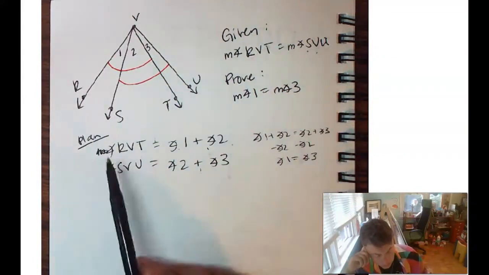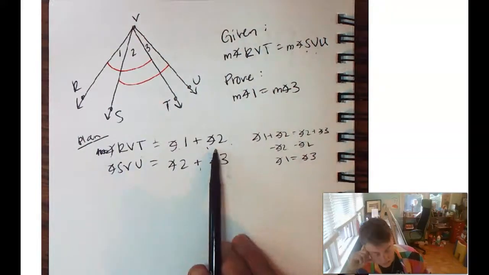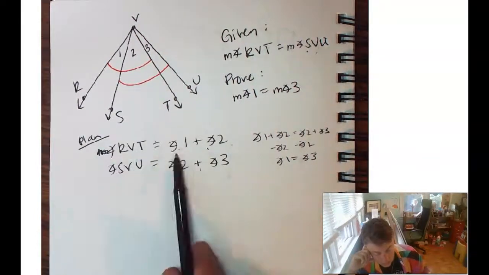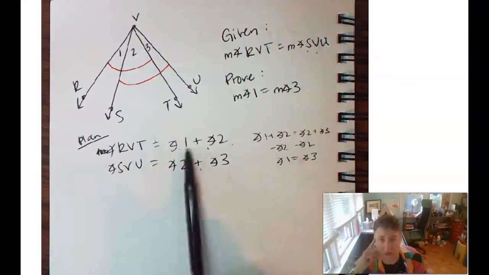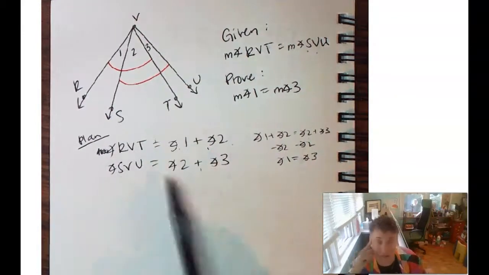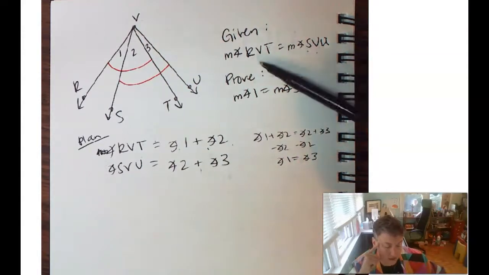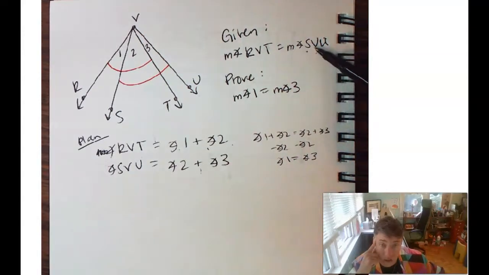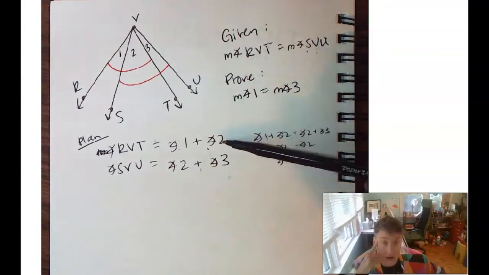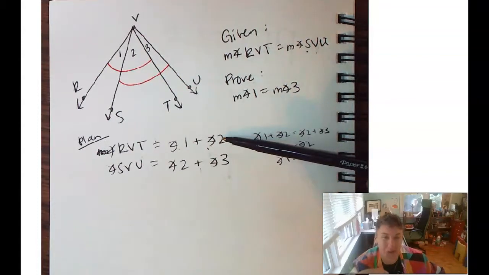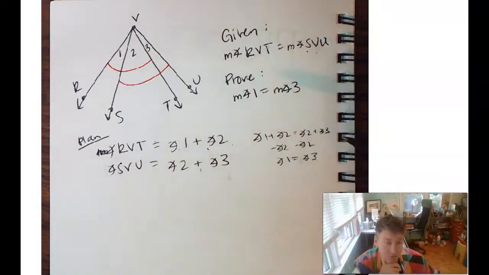Okay, so we'll use our angle addition to write this out formally, that RVT is made up of 2 angles, just like SVU is made up of 2 angles. And since we're given that those 2 angles are equal to each other, we can set what they are equal to each other by substitution.